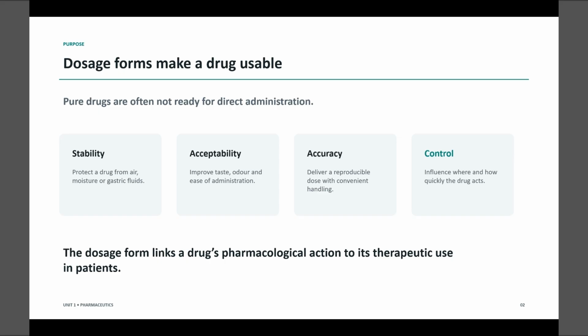We also need to control the delivery pattern: sometimes we need a quick onset of action and sometimes slow drug delivery. For that we convert the drug into different dosage forms like injections, sometimes suppositories, or syrups for pediatrics. So this is the way.